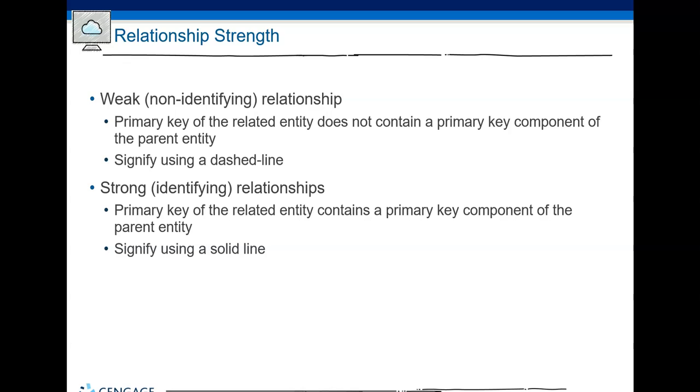A weak relationship. The primary key of the parent. So the example of the doctor and the patient. If you look at the patient primary key, most of the time these are going to be two strong entities with a weak relationship, if you're going to model them the way I would model them. So if you look at the doctor entity, he'll have a doctor ID. That's its primary key.